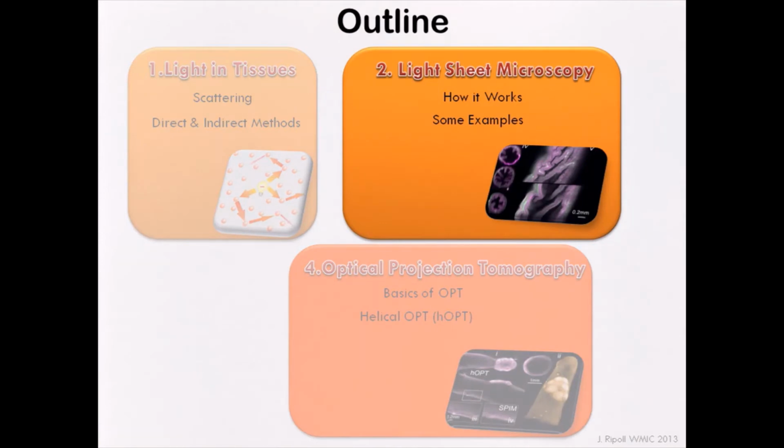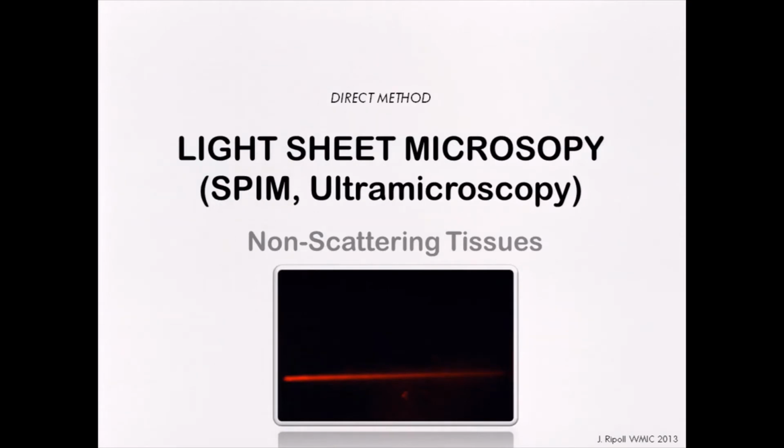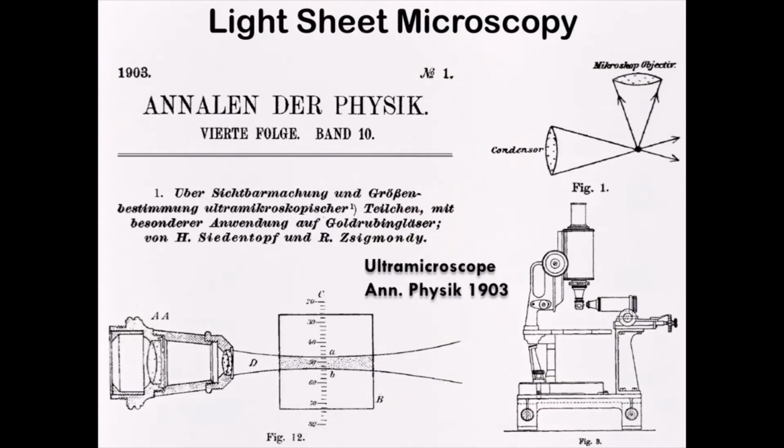Light sheet microscopy is quite simple. The first paper published on light sheet microscopy was actually in 1903, so it has been around for quite some time. The idea is very simple: you generate a sheet of light and make this sheet of light coincide with the objective of your microscope.